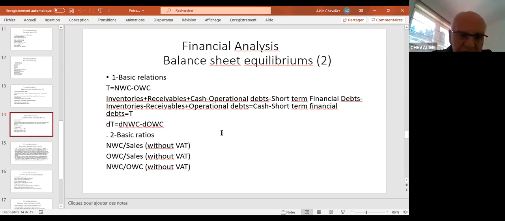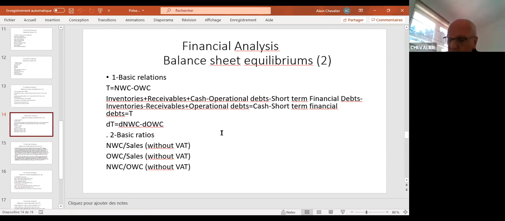And if this ratio is high, it means you need more long-term resources, more equity also, and that brings as a consequence a reduction in the return for the shareholders.